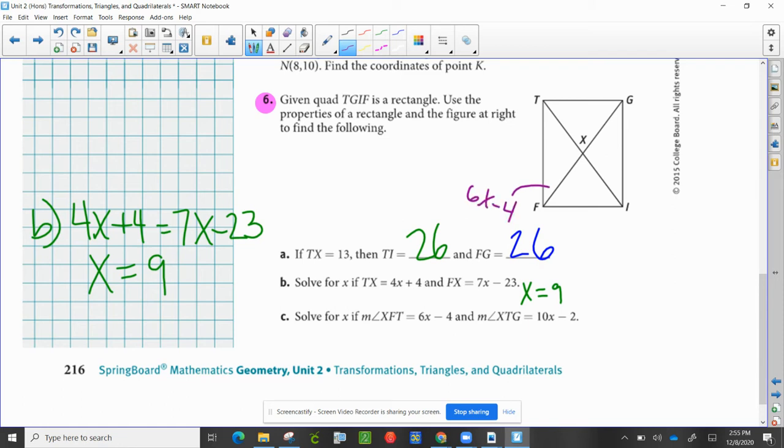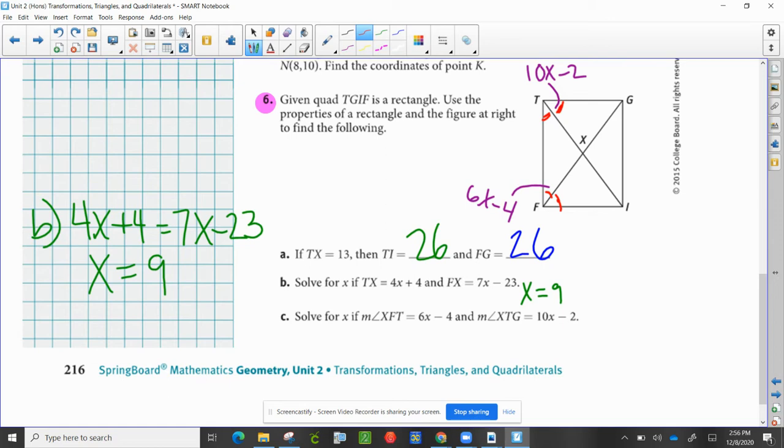And angle XTG, that angle is 10x minus 2. So let's think about how we set this one up a little bit. We know that the diagonals bisect those angles because it's part of a parallelogram. So like these angles have to be congruent. And those angles have to be congruent because they bisect each other.